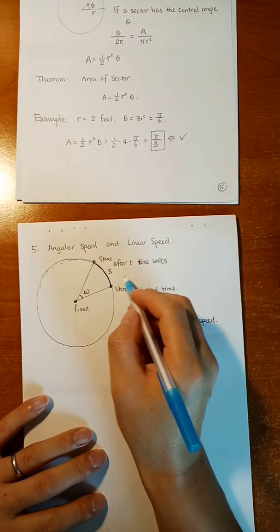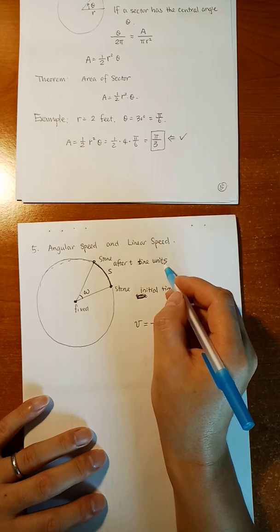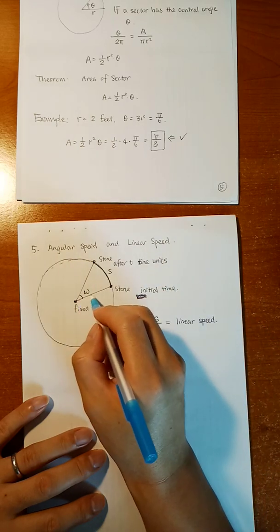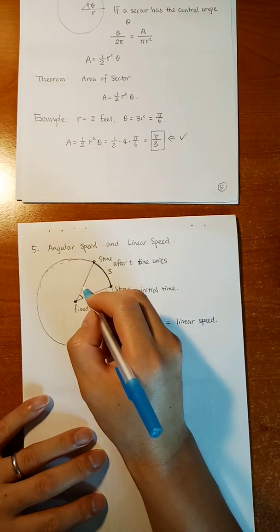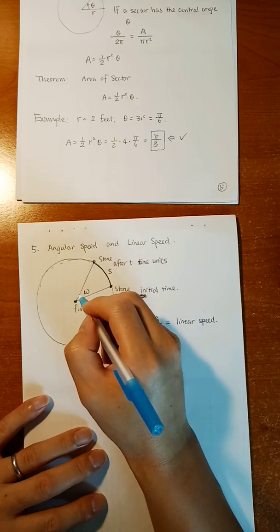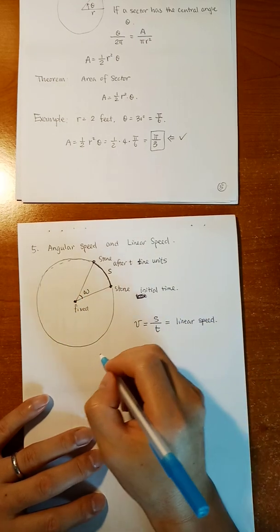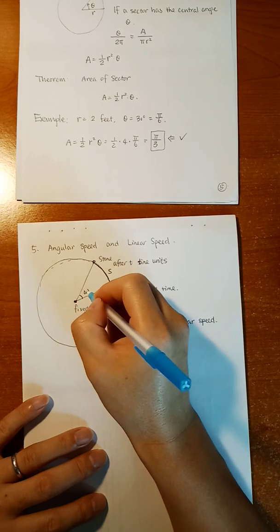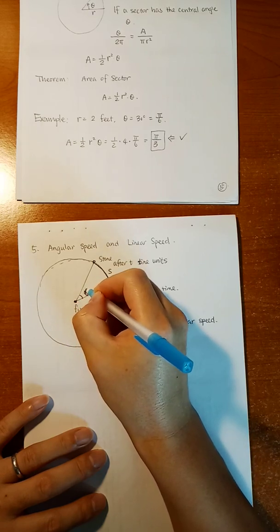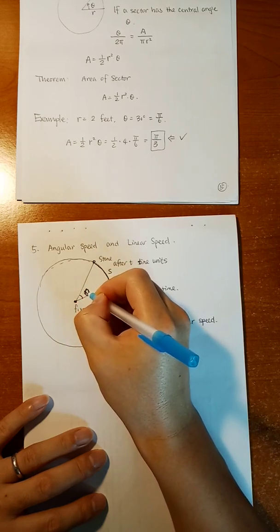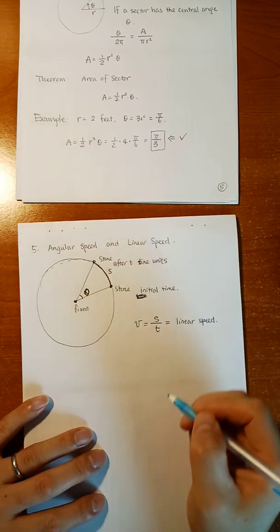And because during these t units, the angle changes from 0 to theta. From 0 to theta, the angle changes.